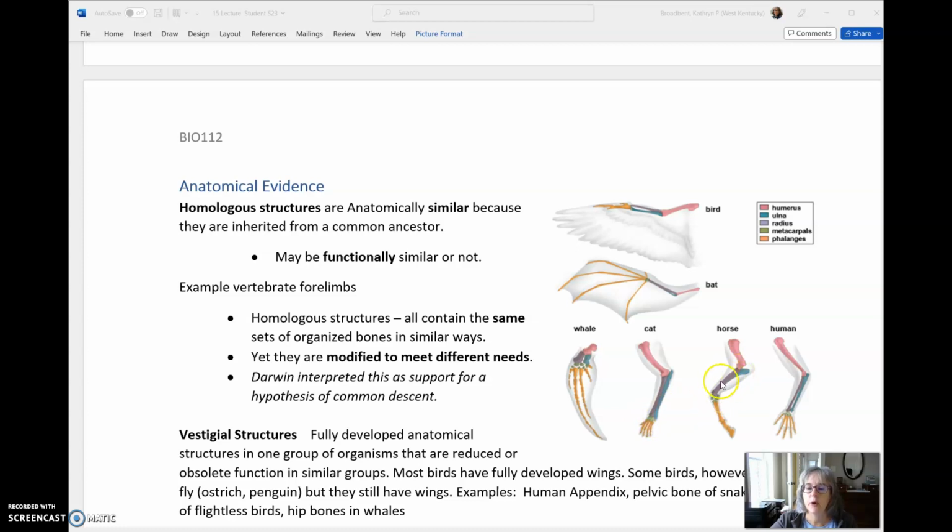And then we have the two bones, and then the one, and then this is the human hand. The fingers, the radius, the ulna, and the humerus. But they're the same bones, they've just been modified, sometimes made longer, sometimes made shorter, to fit the needs of the animal.